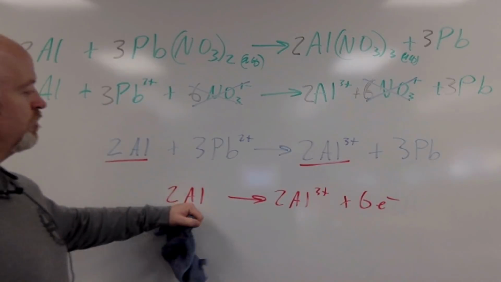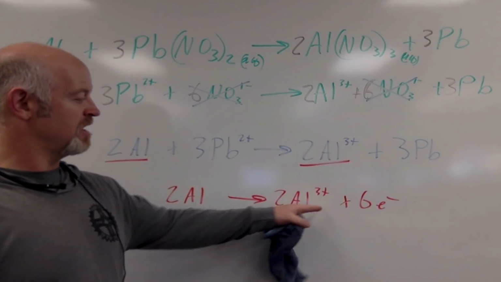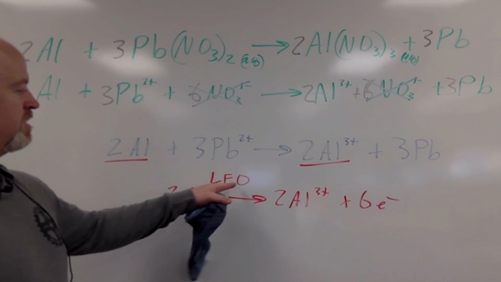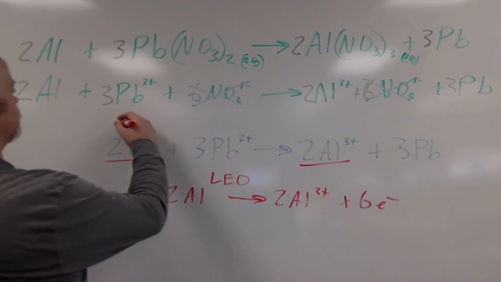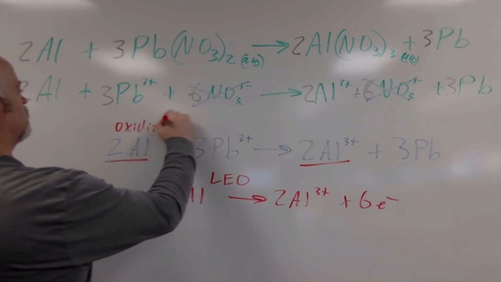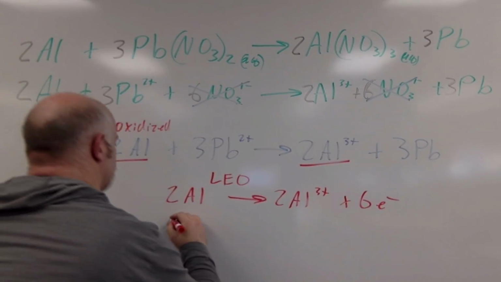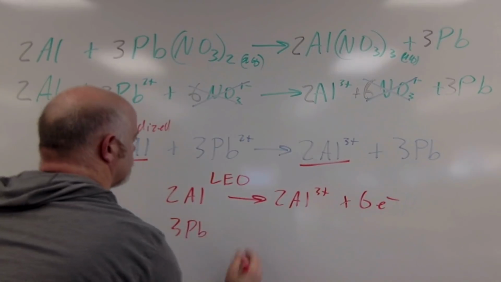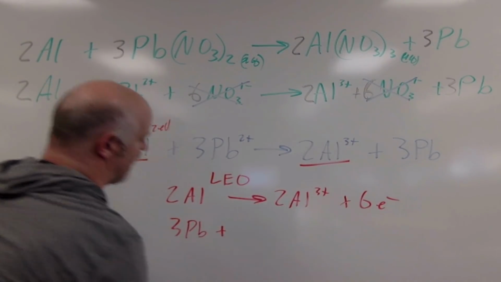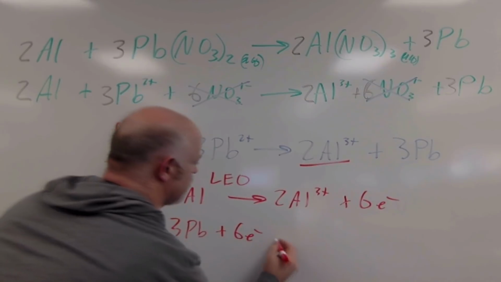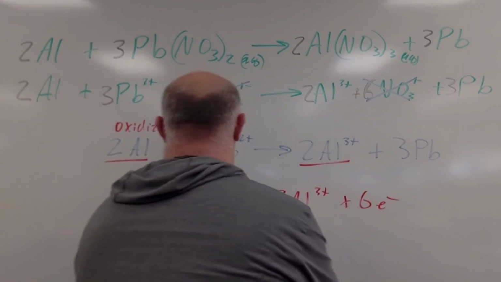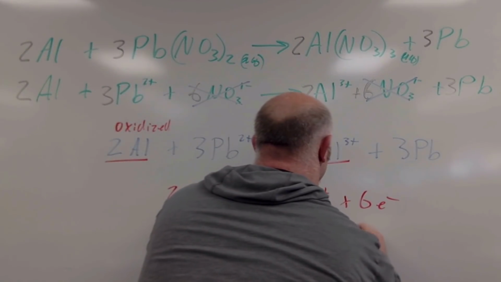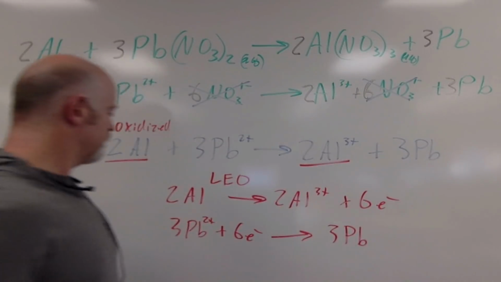So in this case, aluminum is going from neutral to positive. That means it has lost electrons. So if it has lost electrons, it's LEO, and losing electrons means it is oxidized. So aluminum here is oxidized. Okay? The lead, we have 3 leads, and we're going to have to add in 6 electrons to make 3 leads that have a 2+ charge into 3 leads that are neutral, okay?